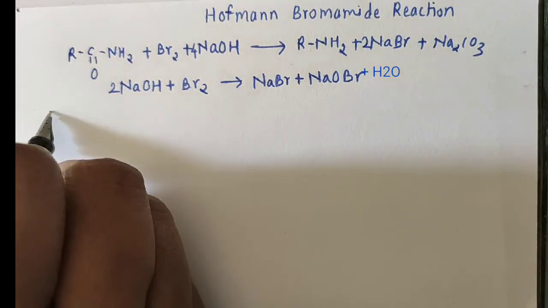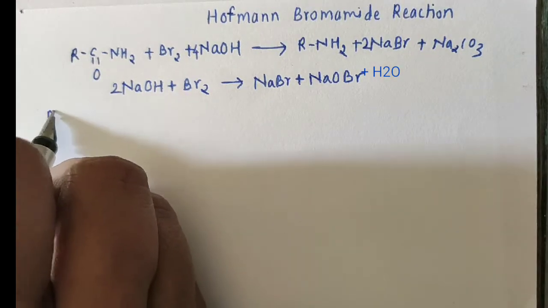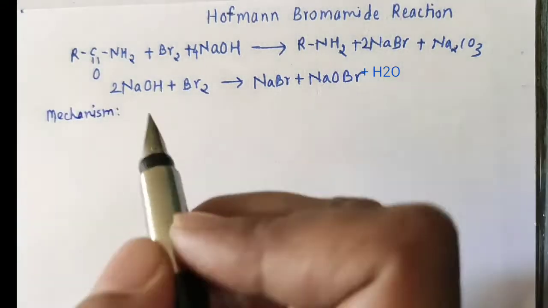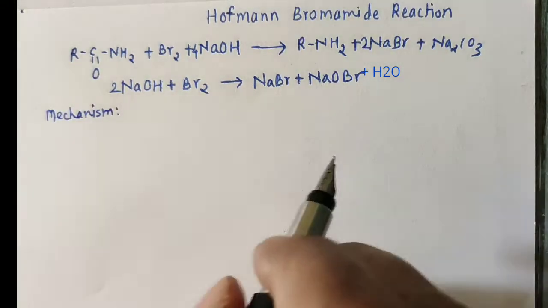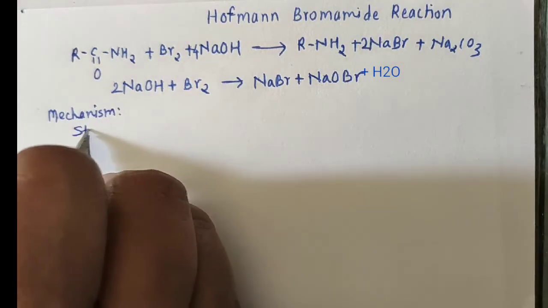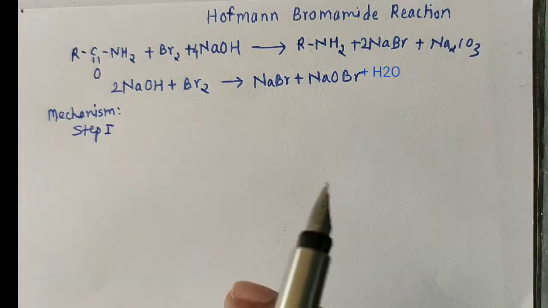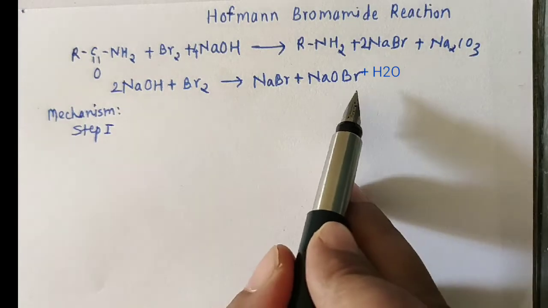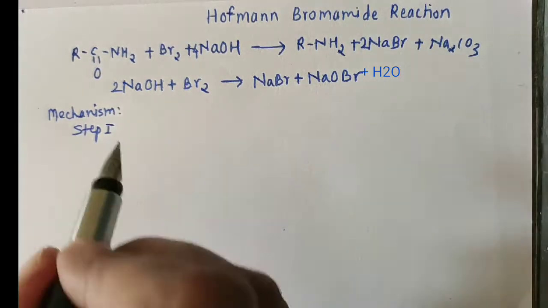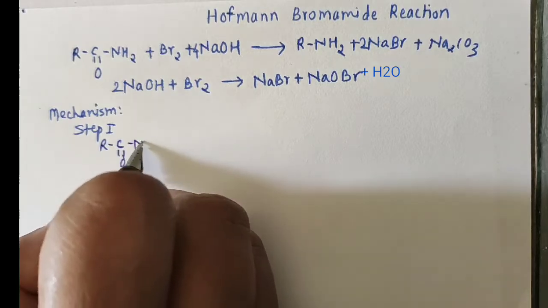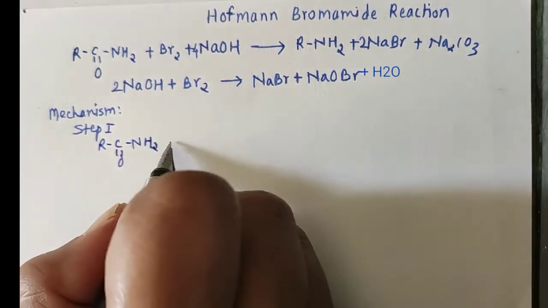Now we will discuss the mechanism of this reaction. In the proposed mechanism, in the first step, there is a reaction between the hypobromite anion and the amide, RCONH2.